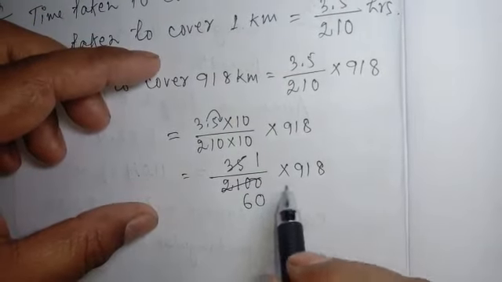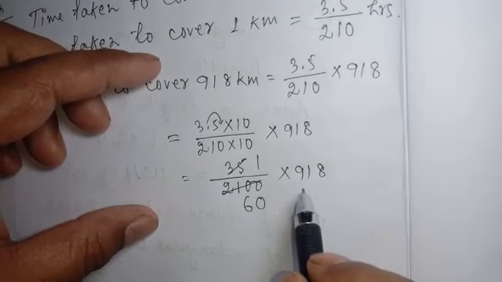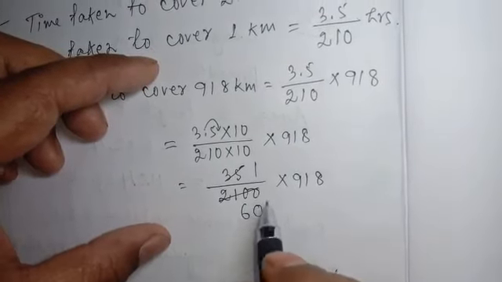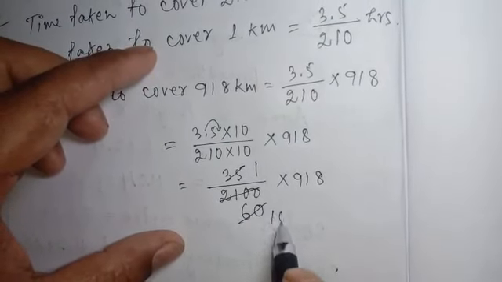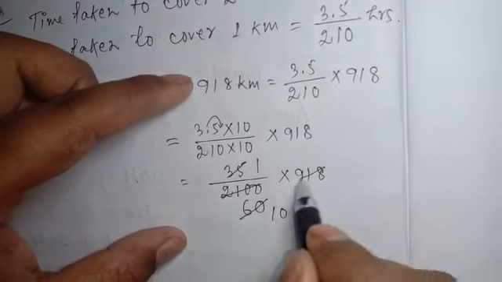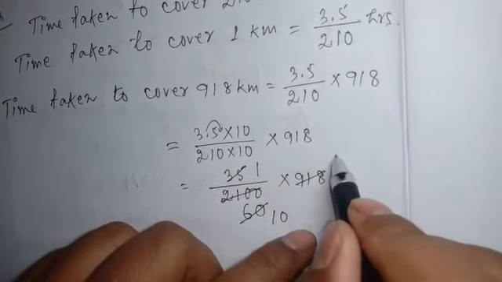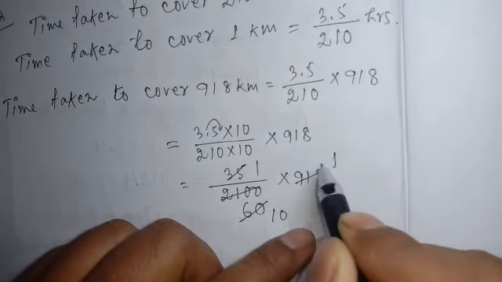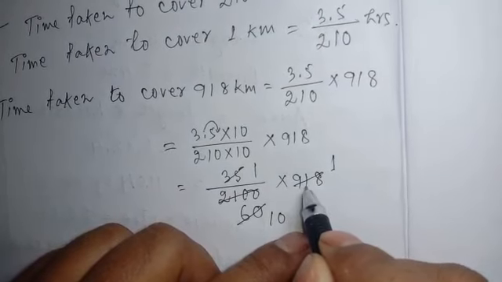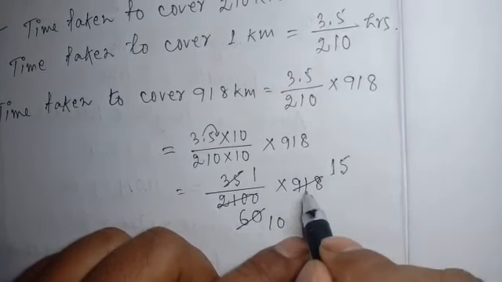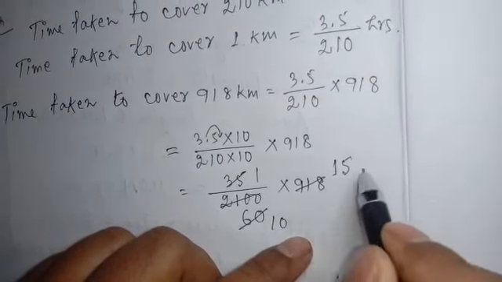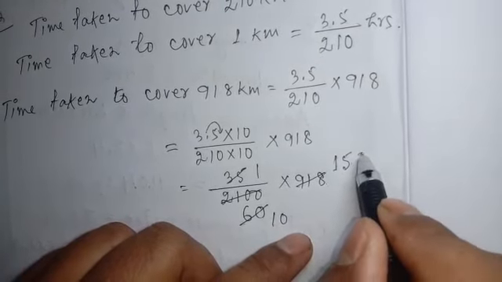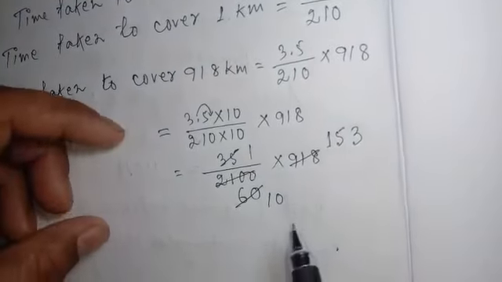Now these two you can cancel by 6. 16 are 60, you cancel with 6. 6 1 are 6, 31, 6 5 are 30, 1 is left, 18, 3 6 are 18.